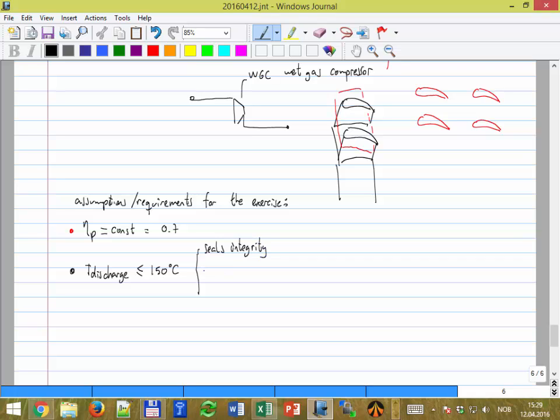That's because of the need to avoid vaporization of inhibitor, and to avoid structural problems in the discharge pipeline.